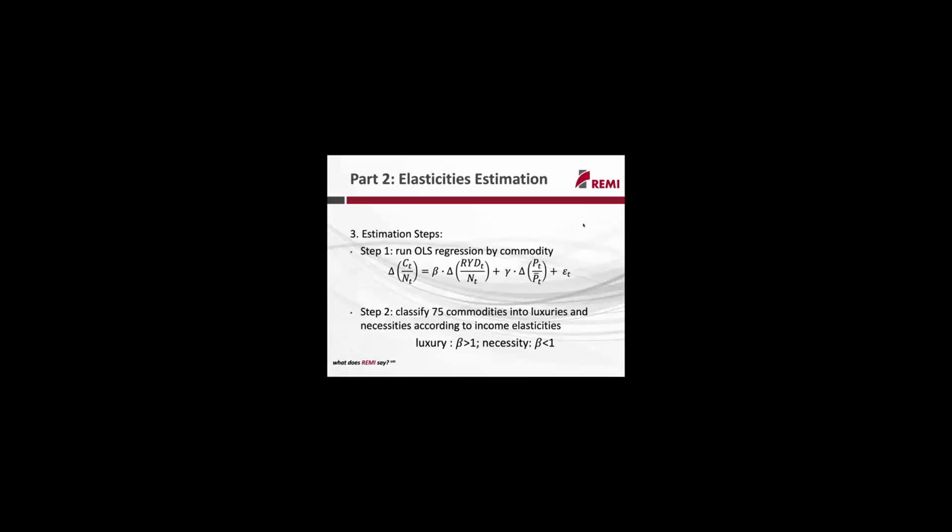In REMI's model, we have 75 commodities. So first, we need to run 75 regressions, one for each commodity, to get its income elasticity and price elasticity. After that, we can classify those 75 commodities into 2 groups, luxuries and necessities, according to their income elasticities.